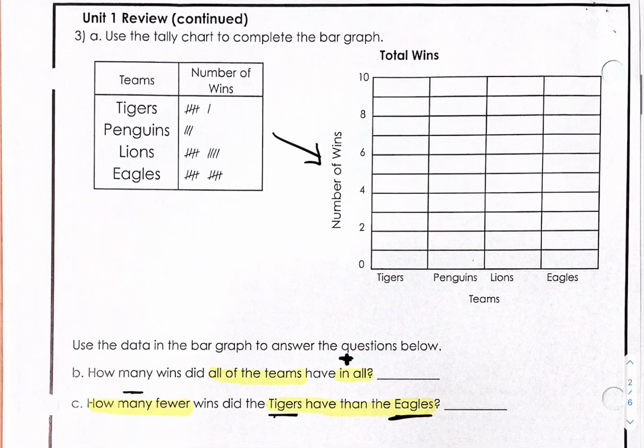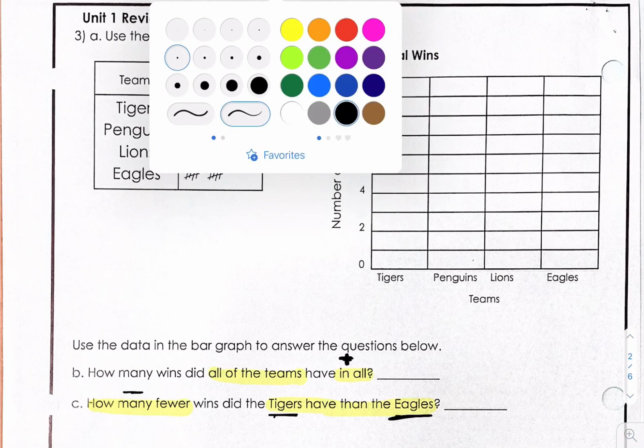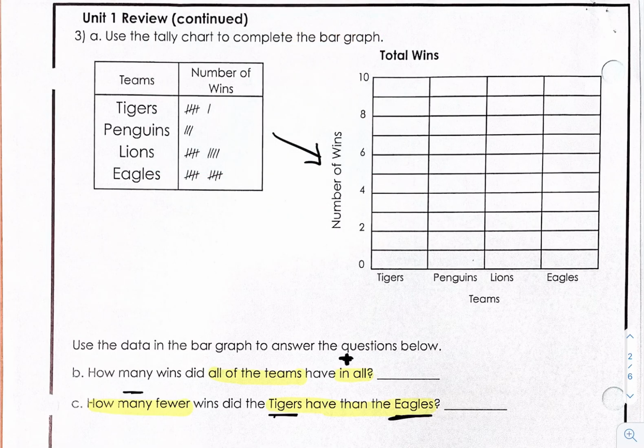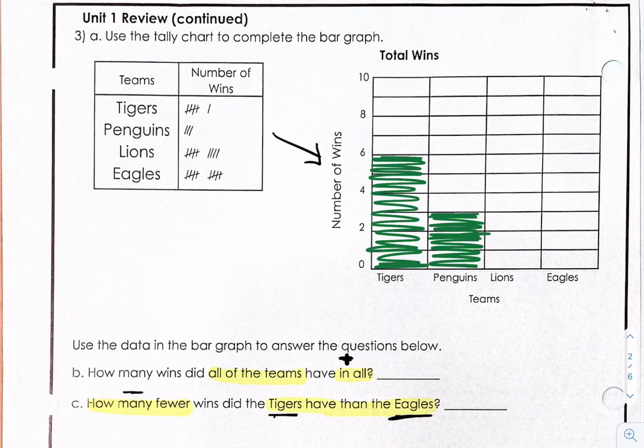Moving on to number 3. For the Tigers, they have 6 wins, so their tally has 6, so they should be filled up to the 6. The Penguins have 3, so I'm going to mark up to the 2 and then 1 more, so that means 3.